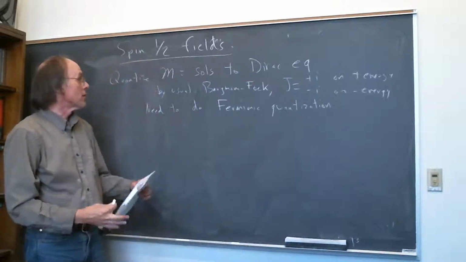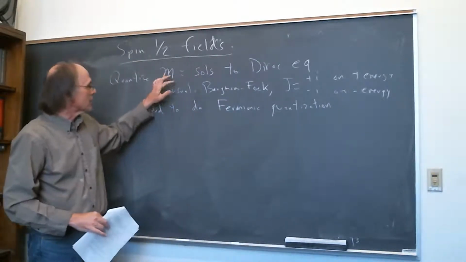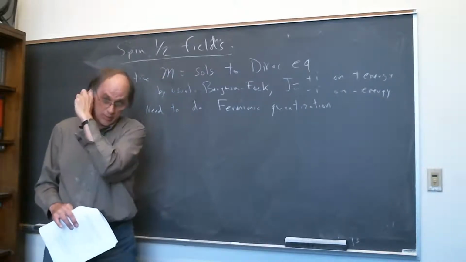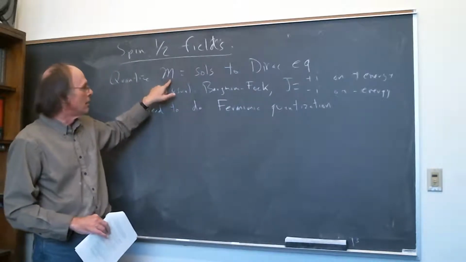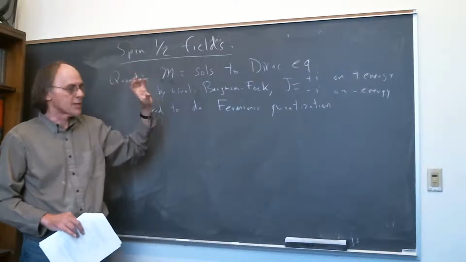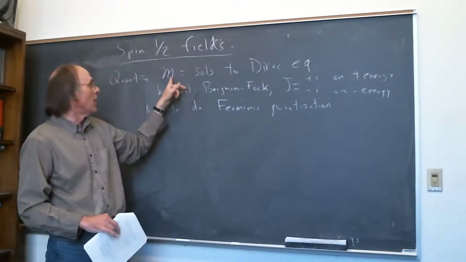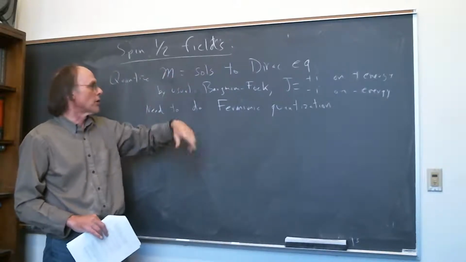Instead of thinking of this as a symplectic phase space with an antisymmetric, non-degenerate 2 form on it, you're going to think of this as a more standard kind of inner product space with a symmetric non-degenerate 2 form on it, and then you're going to quantize it.